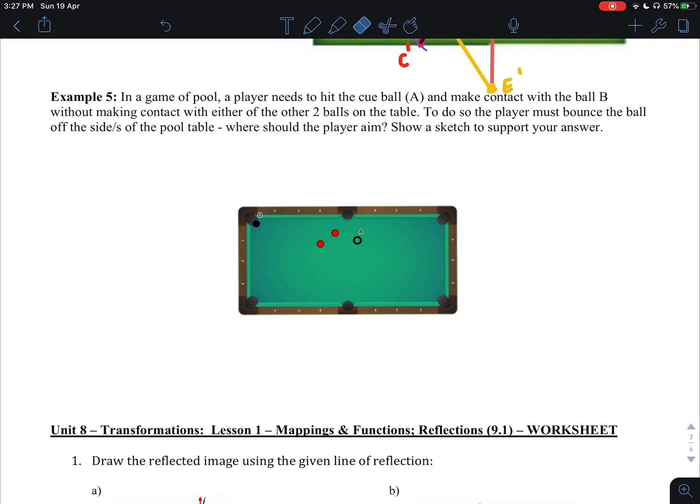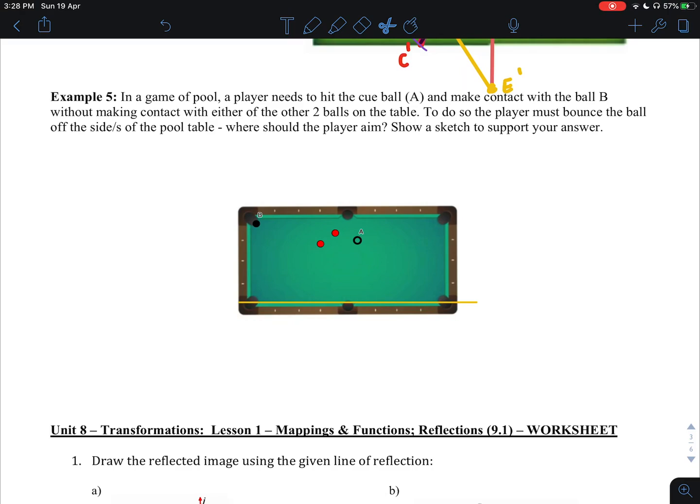The idea here is you're going to use a bank, as they say in pool. You're going to bounce it off one of the sides. Wherever you're planning to bounce the ball, you need to think of that as your line of reflection.